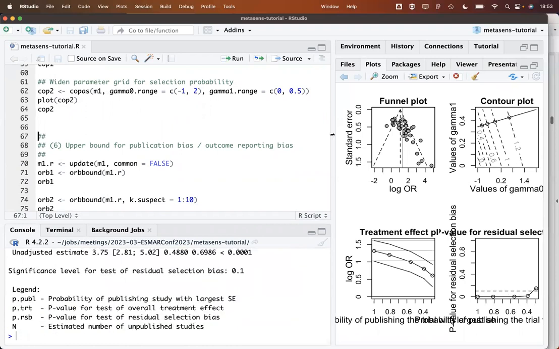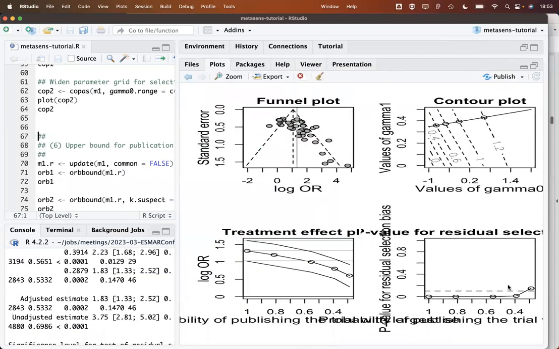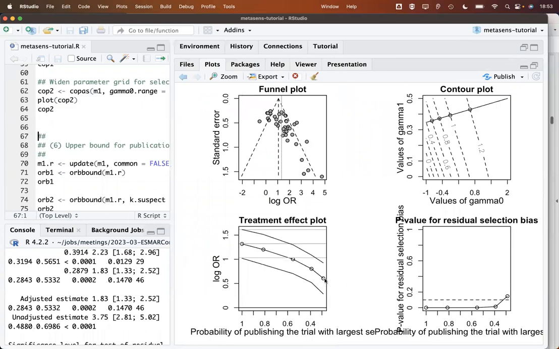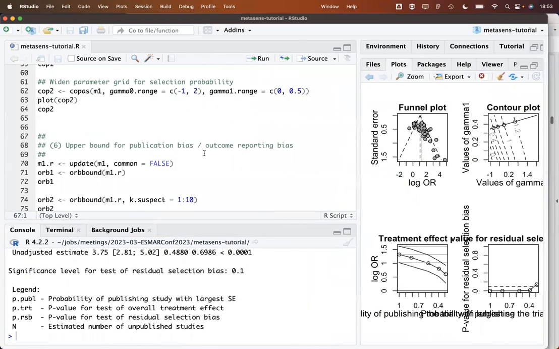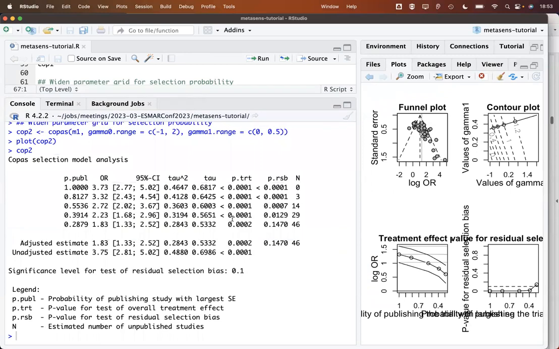And if we do this, then with the last estimation, or the last point, we have an adjusted estimate where we do not see any residual selection bias any longer. Accordingly, in the printout we get an adjusted estimate, and this is just the last line in that case.